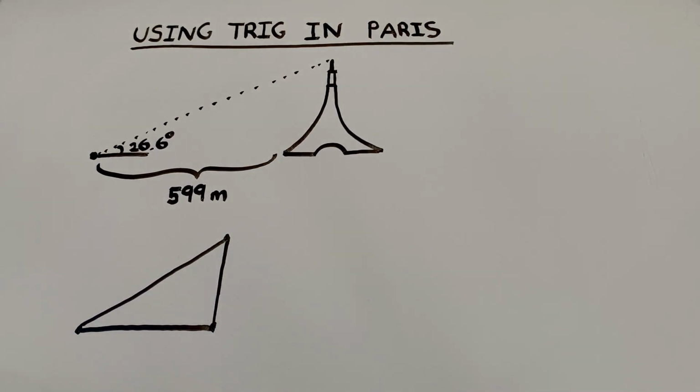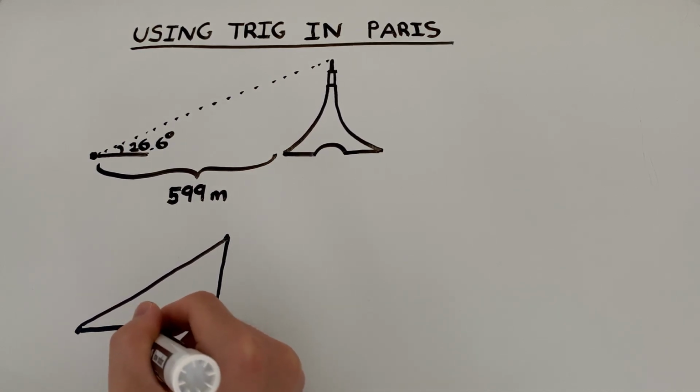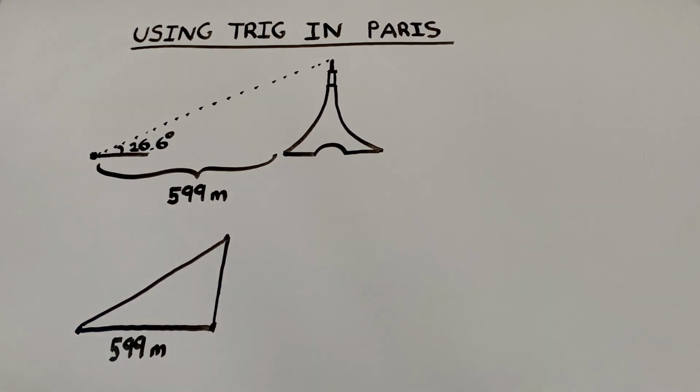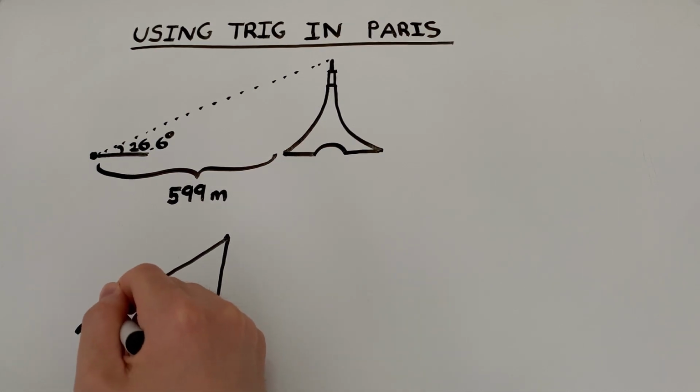Now the next step is to fill in our givens. So any sides that were given, any angles that were given. So we are given a side, the distance from where we are to the base of the Eiffel Tower is 599 meters. That hasn't changed. And then the angle of elevation is 26.6 degrees.